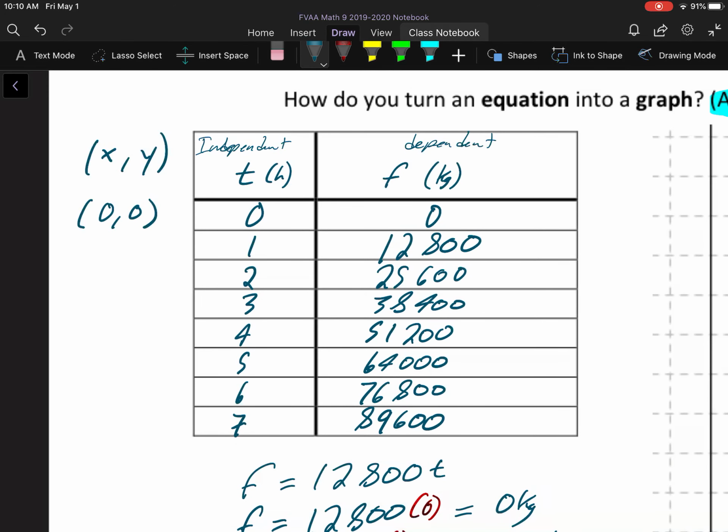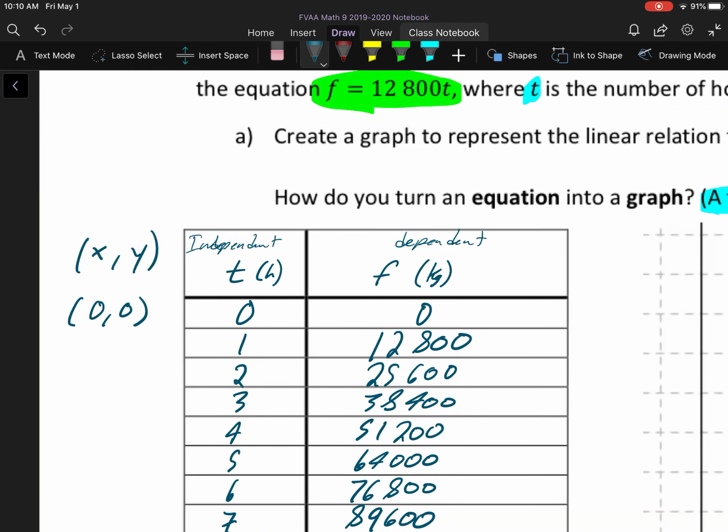This is why I always say you need independent on the left and dependent on the right in your table, because when you plug the numbers into coordinate points on a Cartesian plane, it will be independent on the left and dependent on the right. So my points on the graph are just going to be these points here.